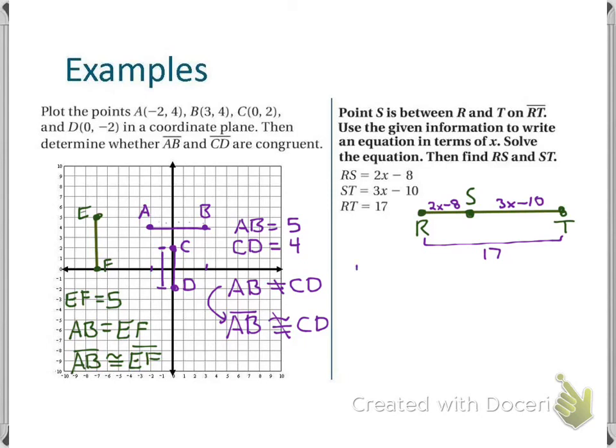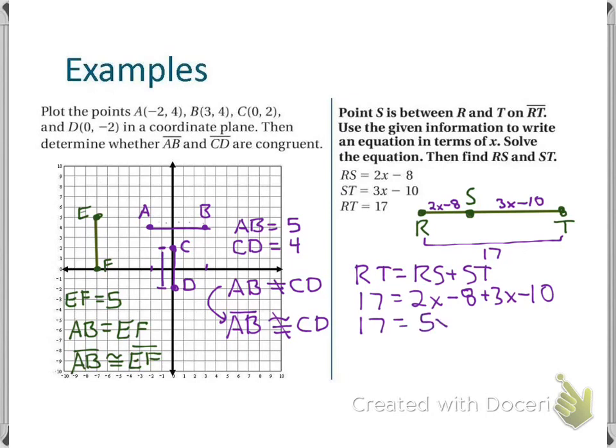So we're going to say that RT is equal to RS plus ST. RT is 17 equals 2x minus 8 plus 3x minus 10. We get 5x minus 18 on the right side.